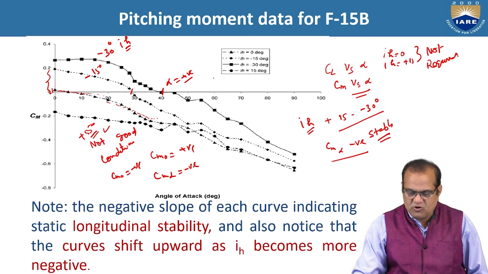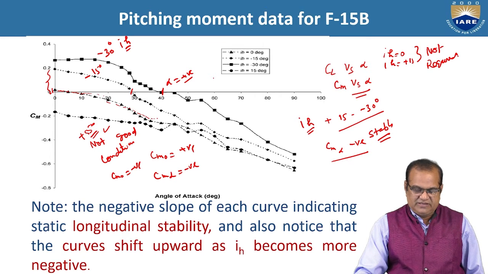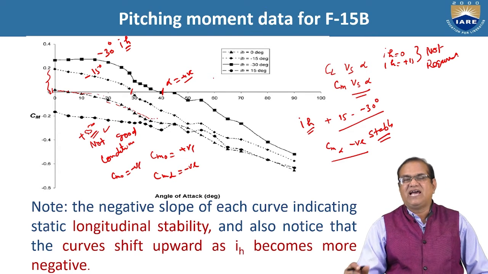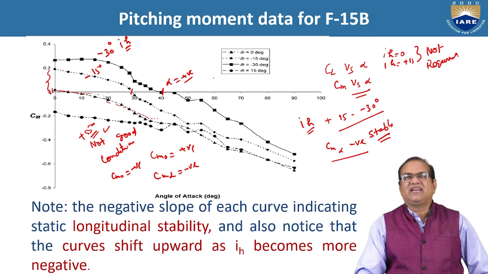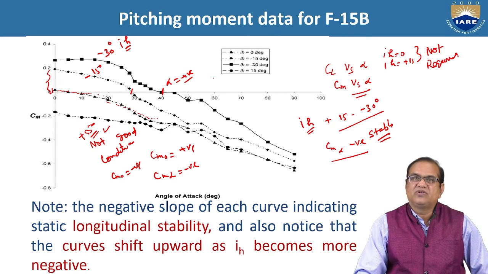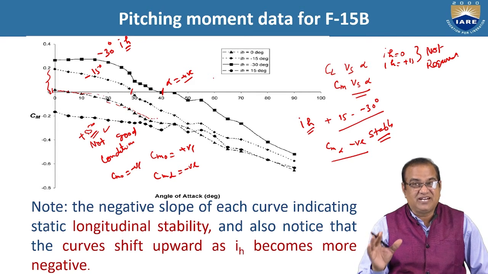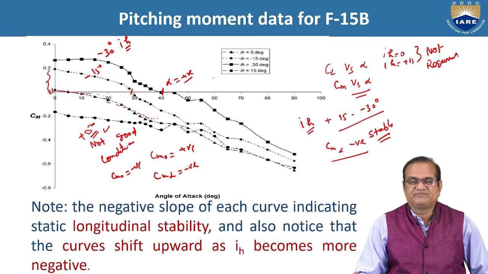So the negative slope of each curve indicates static longitudinal stability, and also notice that the curve shifts upward as IH becomes more negative. So as and when the incidence angle of the horizontal tail becomes negative, the Cm naught becomes positive, and that is the requirement of our aircraft stability.